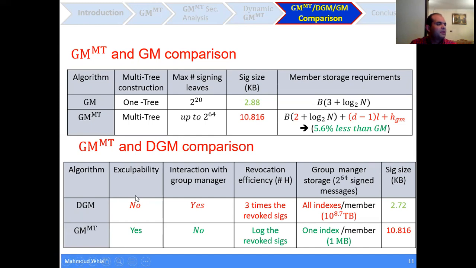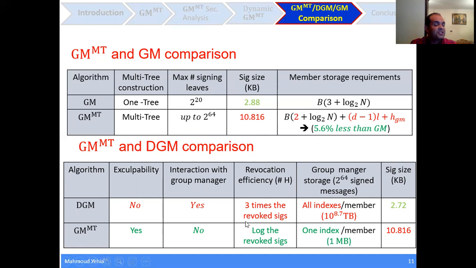For DGM, it's required that the verifier interact with the group manager for the verification, and this limits their use for certain applications, while this is not the case in our scheme GMMT, where it's not required that the verifier interact with the group manager.